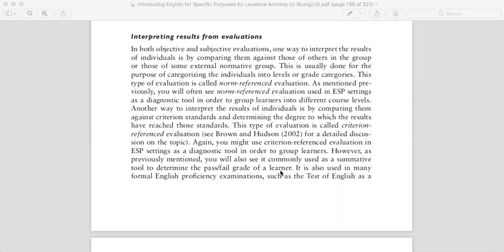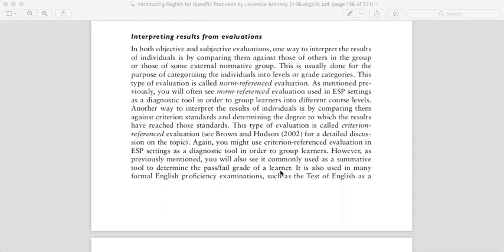As teachers, sometimes we are asked to adopt a particular kind of evaluation, and sometimes we are free to choose between the two. But there are some international language tests which make use of either, because the test is designed so. The first one is norm referenced evaluation and the other is criterion referenced evaluation.